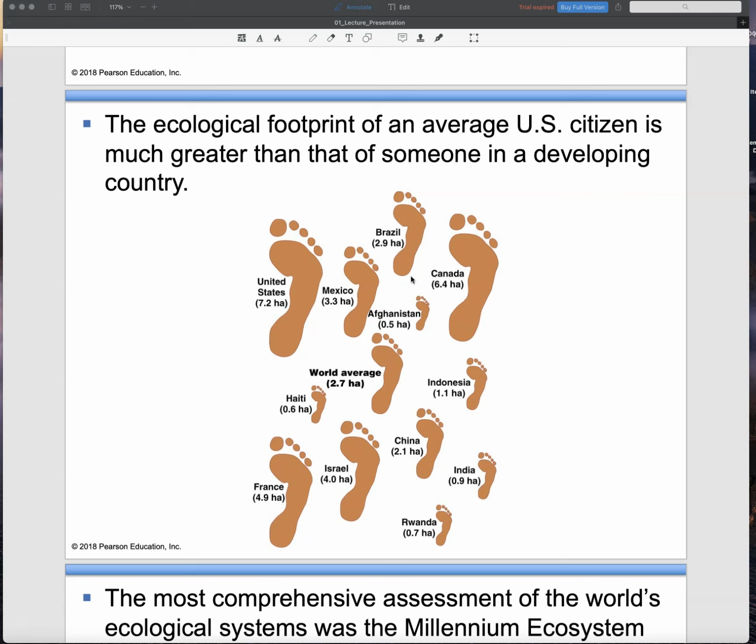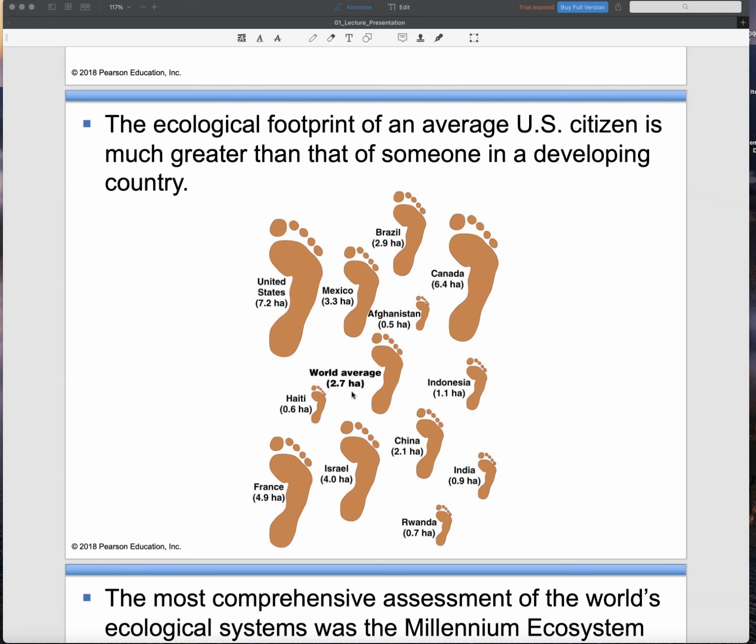And let me get your attention in here, because this is a very common question in your test. Always I include this in the test. Okay, so be aware of this information. The average ecological footprint today is around 2.7. Now you understand why.